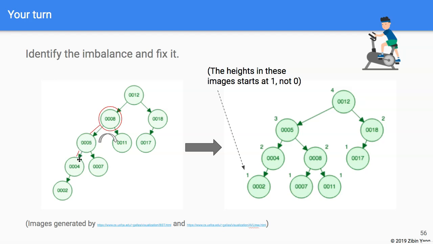So we're going down left, left. And if it's left-left, then we do a right rotation. Basically, we take 8 and attach it to the right, so node 8 becomes the right child of node 5.